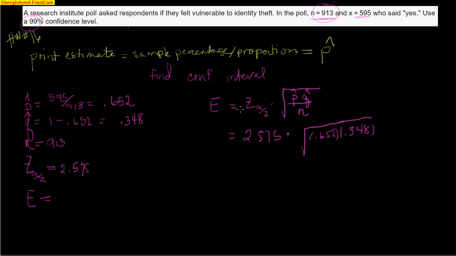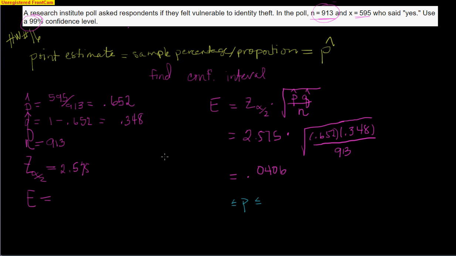Be careful, this is all under the square root sign, so do it in your calculator first. 0.652 times 0.348, enter, divided by the 913, then square root that and multiply it by the 2.575. You should get a value of 0.0406.